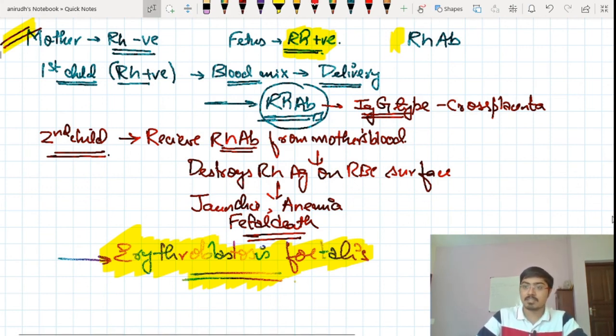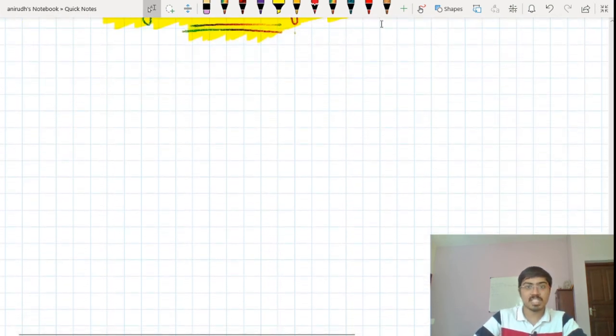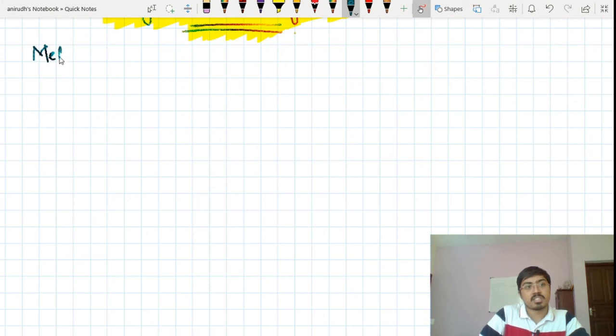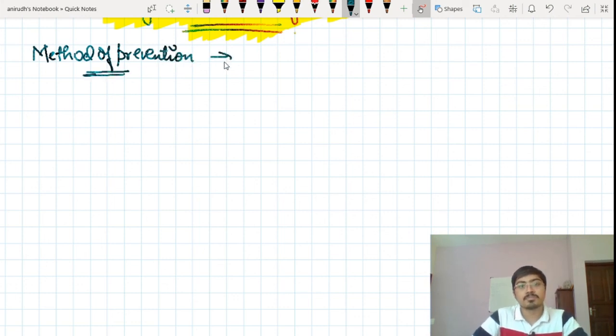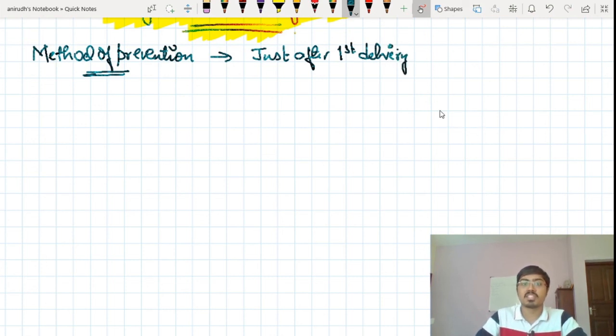Now there is a method to prevent it, and this method is very much important. So the method of prevention is important here. Right? What will you do? Just after the delivery, just after the first delivery, we know the blood group of the child, isn't it?